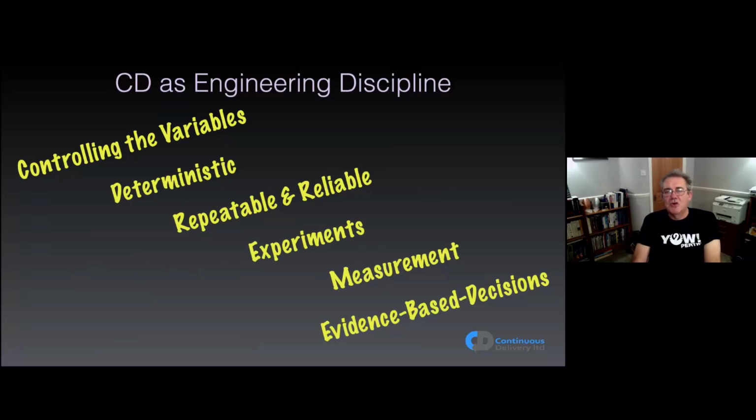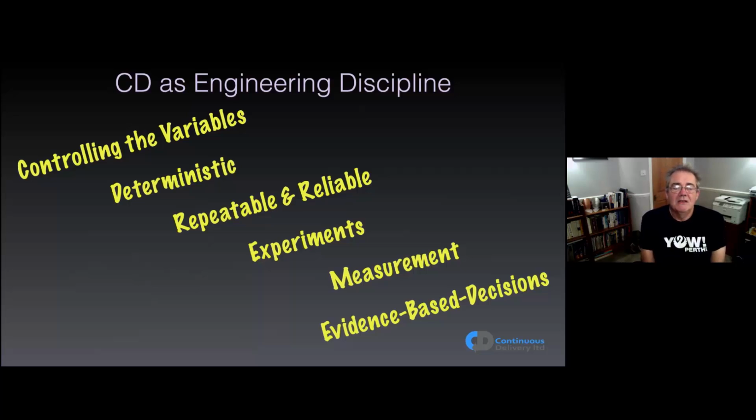Now, I think of it as an engineering discipline, and it's deeply grounded in these kinds of ideas. We're going to strive to achieve a repeatable, reliable approach to delivering change into the hands of our users. And to be able to do that, we need to take control of the variables. We want to be able to do things repeatably and reliably. We can't just cross our fingers and hope that everything's going to work and say things like it works on my machine.